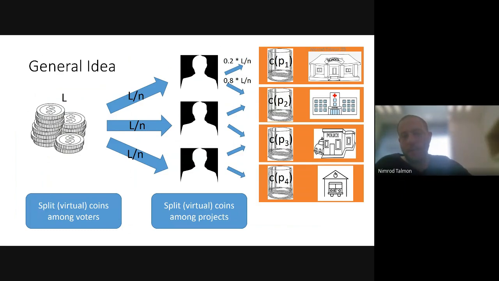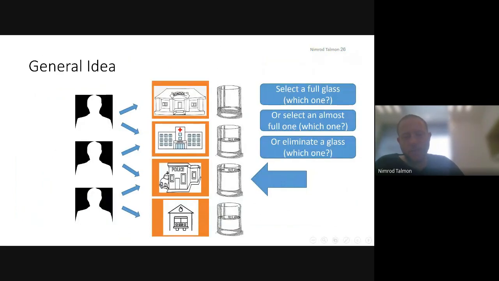But this is actually not true for the glasses algorithm, because even if I put some tokens on the fire department, it could be the case that the fire department will not get enough support, but the tokens in the glass of the fire department, containing also my tokens, will not get burned. In one of the iterations, maybe after police get funded and hospital get funded, still after those iterations no project gets enough support, and now maybe the fire department project will get destroyed, but the tokens that are there, basically the water in the glass, will get back.